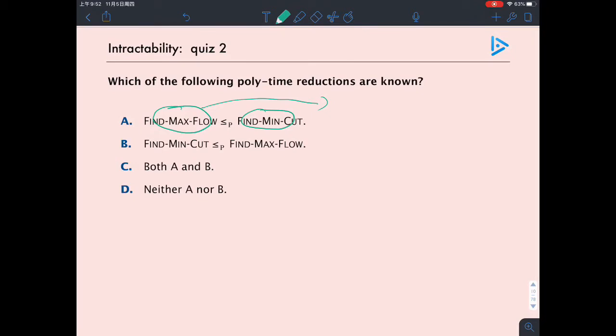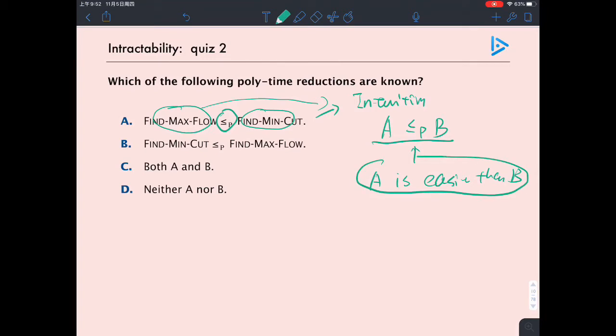As we described just now, if we write a less than or equal to b under p, then basically a is easier than b. Let's use this as our intuitive interpretation of the less than or equal to, and try to understand which of the options are correct.